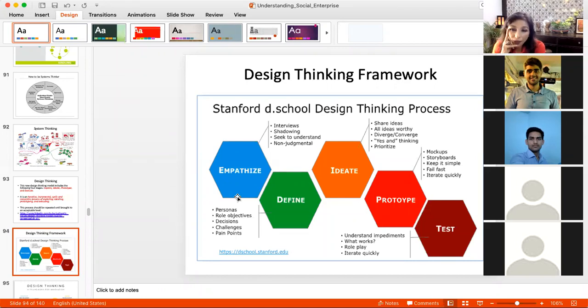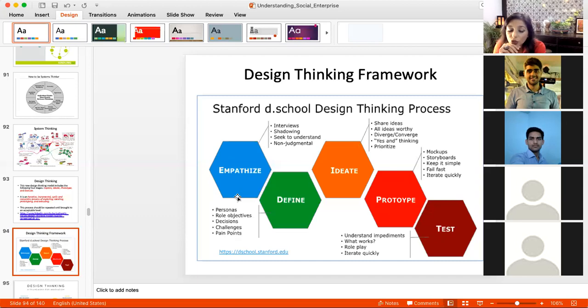Prototype is a very, very important step. It's a mock exercise where you don't do the real thing, but you create a stimulating environment, a mock-up, where you are in that scenario and trying to visualize what could be the possible things which may happen in the system if I execute the idea.